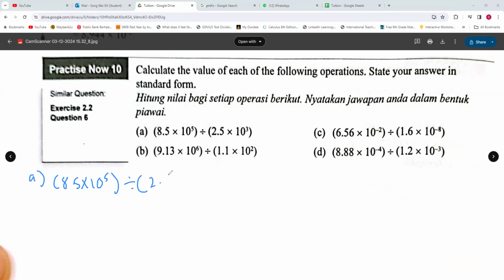Everything's a division here. So you write the numbers first in a bracket: 8.5 divided by 2.5. That's the first step. And then the power, you write 10 power 5. Divide means minus 3. Then you put 3. So press in your calculator, what's 8.5 divided by 2.5?